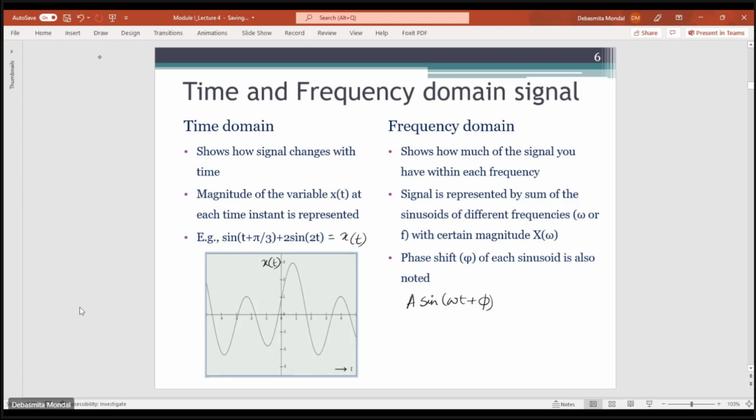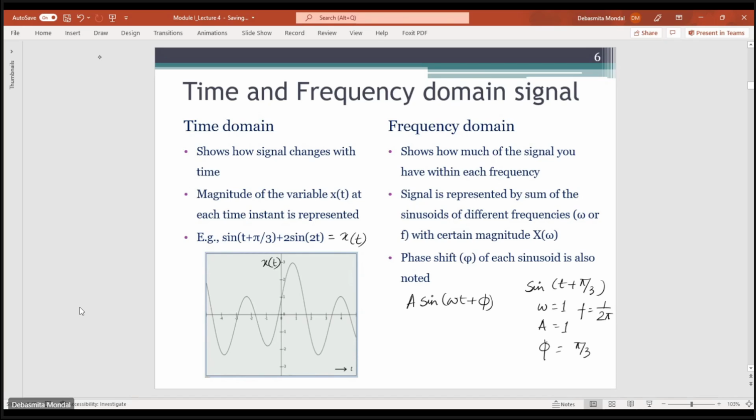One is sin(t + pi/3). Here omega equals 1 and the amplitude A equals 1. Omega equals 1 means f equals 1 by 2 pi. The amplitude at omega equals 1 is 1, and the phase is nothing but pi by 3.